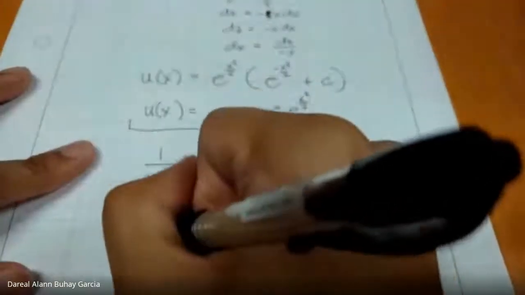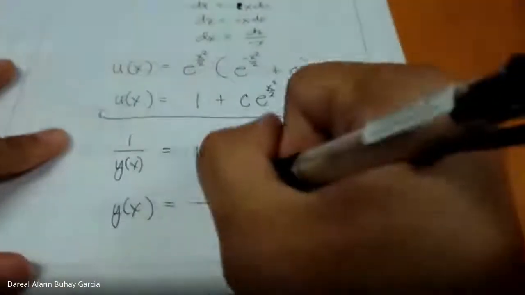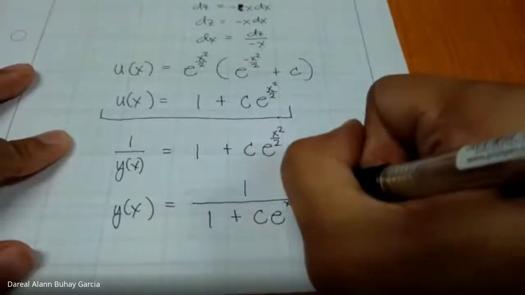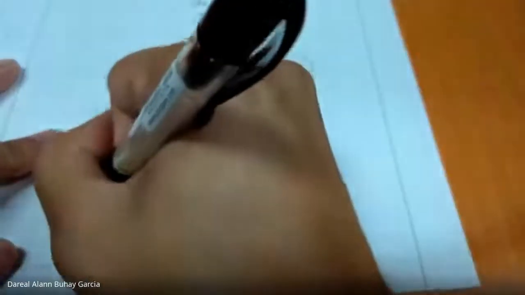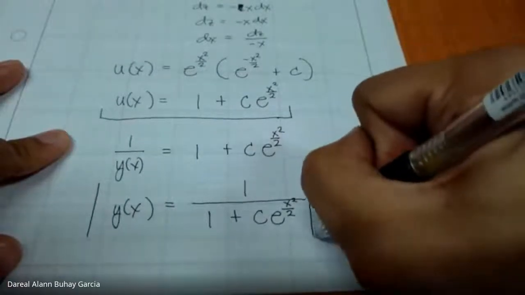Therefore, y of x is just equal to the reciprocal of this one, 1 over 1 plus c e to the x squared over 2. I believe this is the final answer.